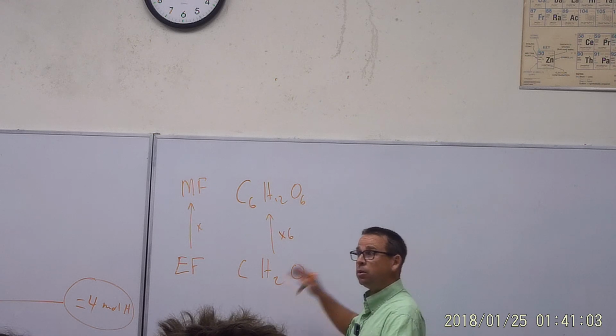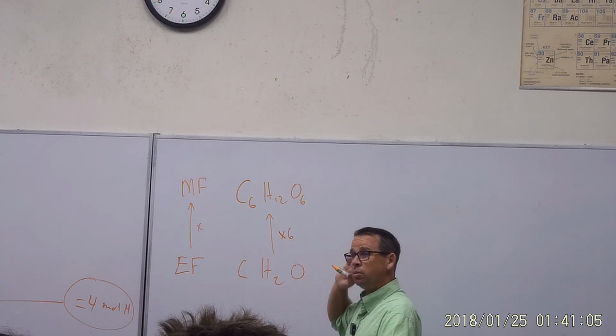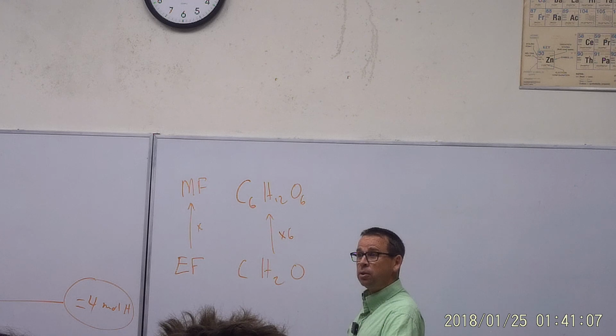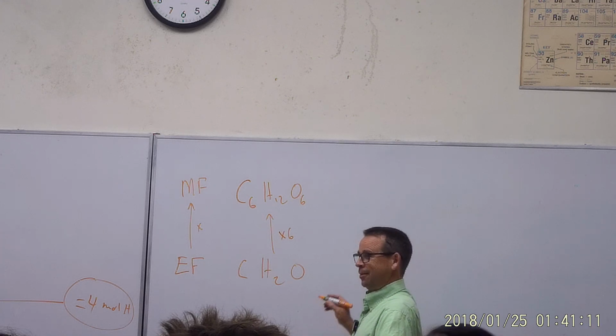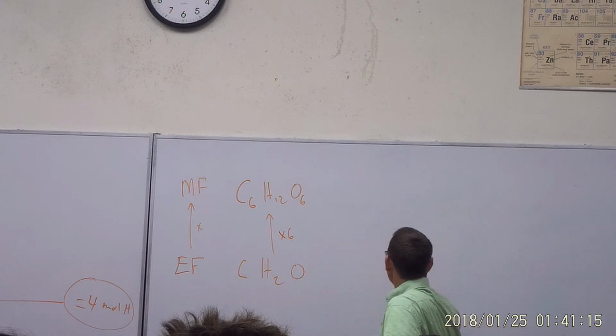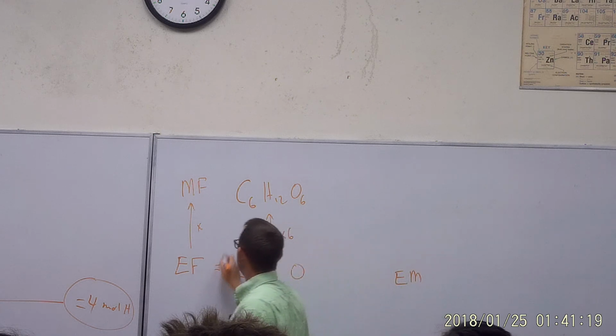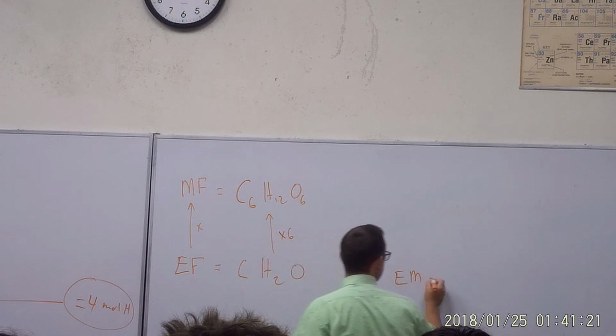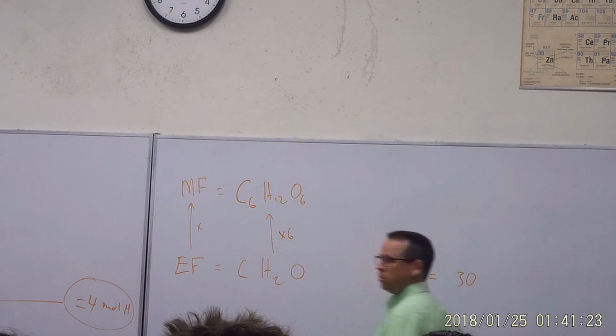What is it? 32? No. 40? 30. Oh, great. 30. So the empirical mass, all right, I'll put an equal sign here. The empirical mass equals 30, right?